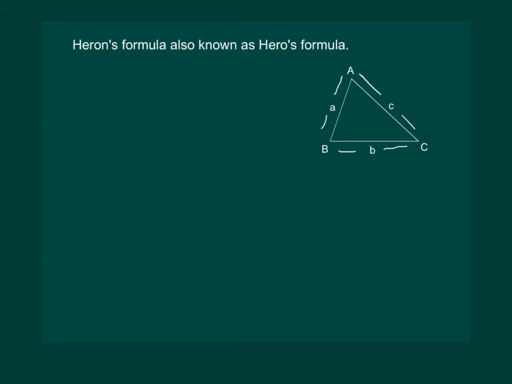Then we know that perimeter of triangle ABC will be a plus b plus c.